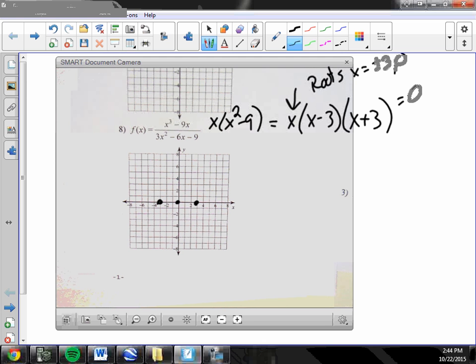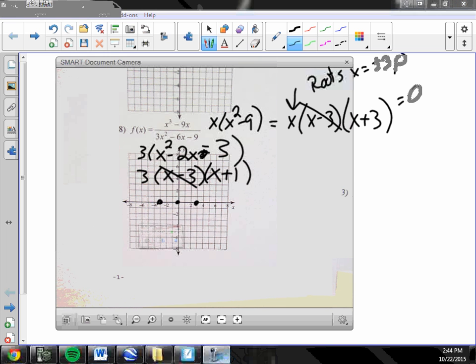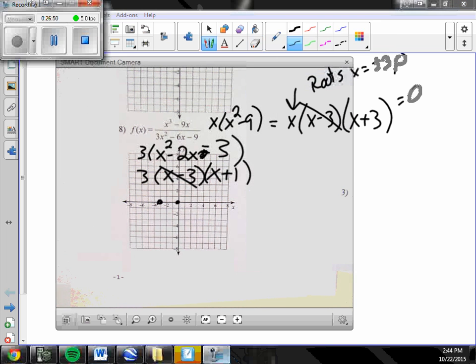And then I'm going to pull a 3 out of the bottom, x squared minus 2x minus 3. Does that factor? It's 3 times x minus 3 and x plus 1. Do you notice the problem? This cancels that, which eliminates the plus 3.